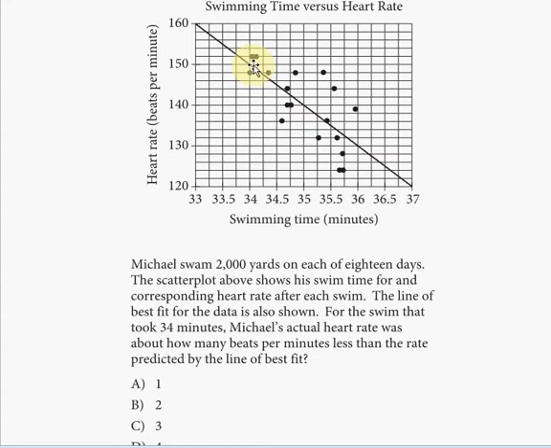So that means that the predicted heart rate is 150, because it's right on the line, and the actual is 2 beats below the predicted heart rate.